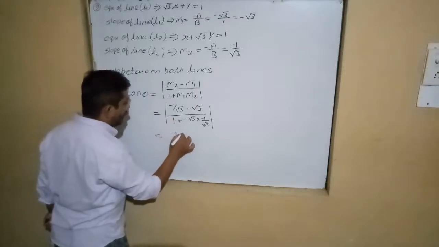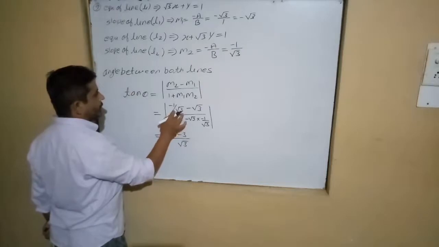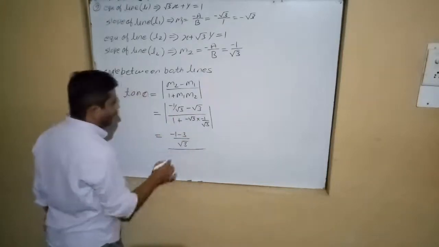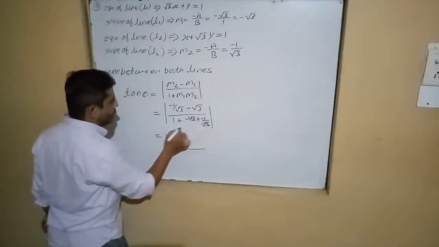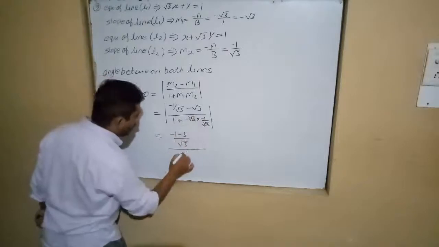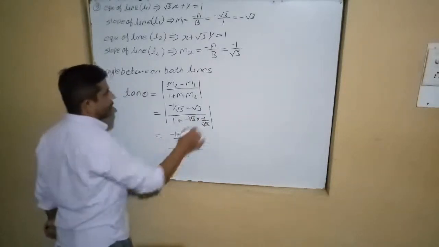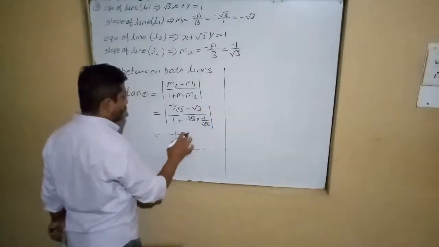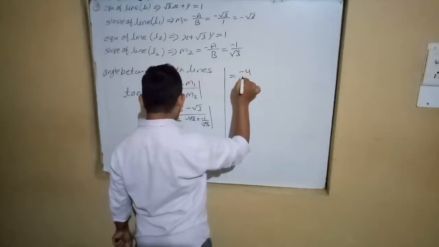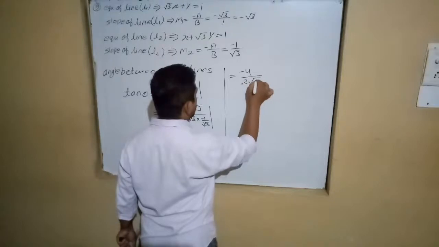So minus 1 minus 3 upon root 3. When we take the LCM, root 3 multiplied with root 3 becomes 3 only. Upon, here root 3 cuts from root 3, and 1 minus minus plus, so 1 plus 1 becomes what? 2. So now let's solve this here. Minus 1 minus 3 is equal to minus 4 upon 2 root 3.